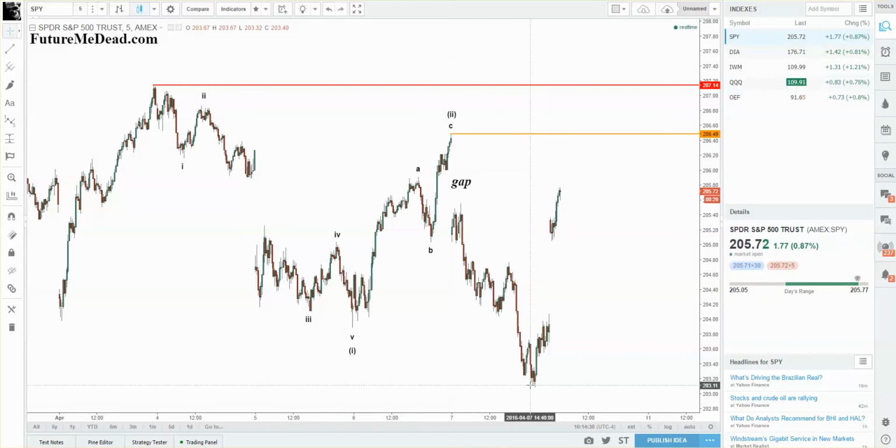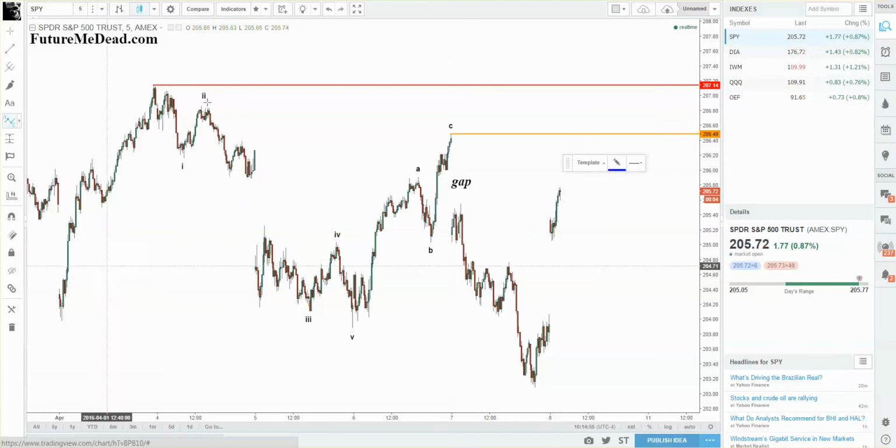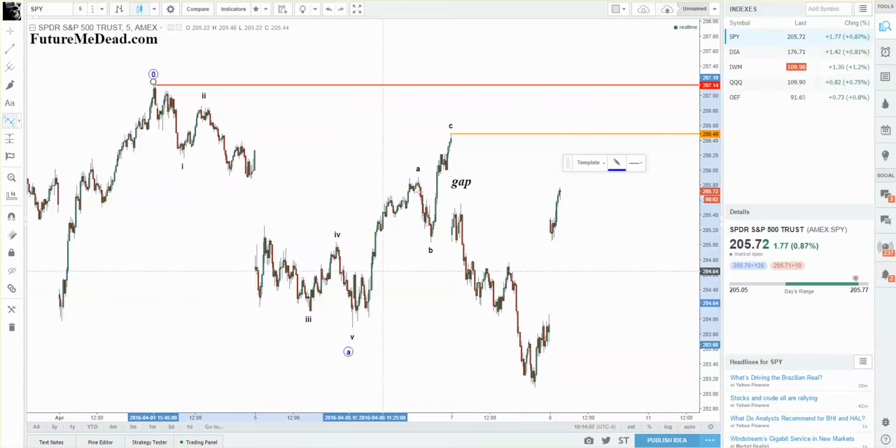However, Elliott wave is always forcing you to confirm your count at all times. Once again, if this was a third wave to the downside, we should have seen a 3-wave structure similar to this, not a 5-wave move. So instead of saying this is wave 1 and 2, I have to label this as an A, B, and C. Why is this important?